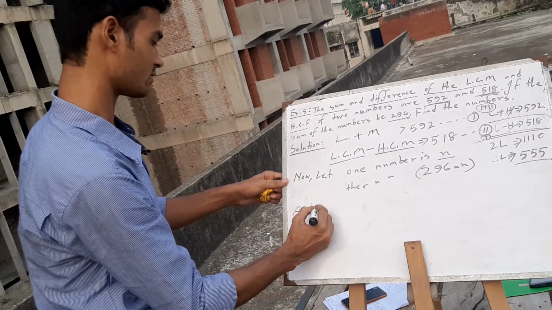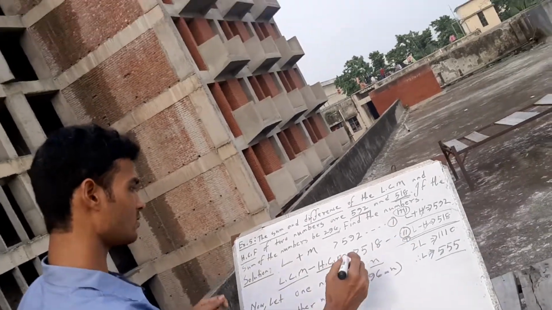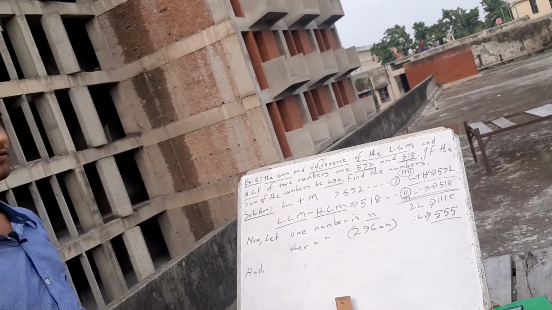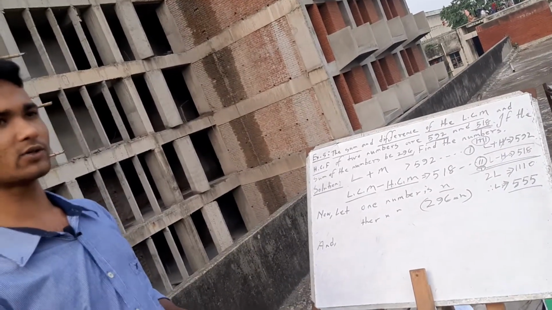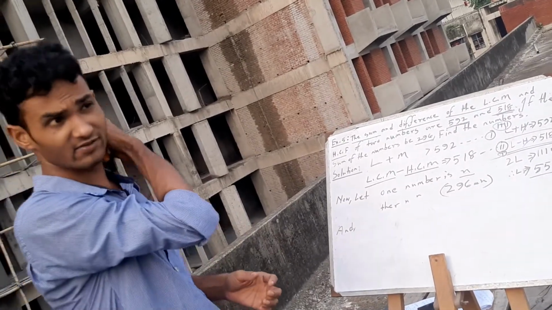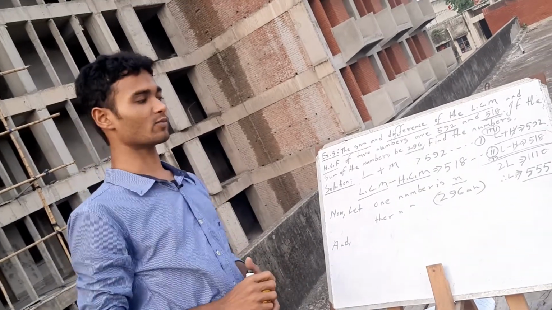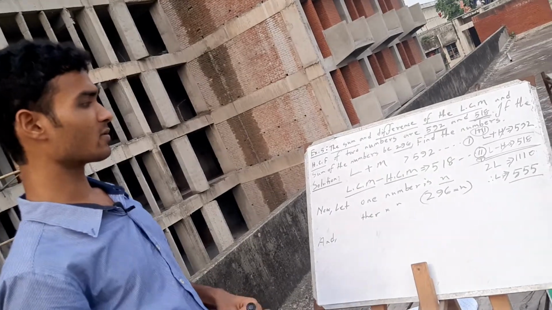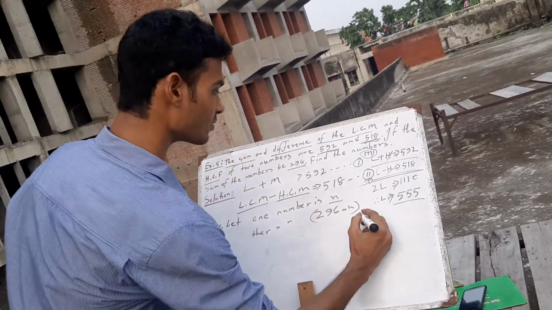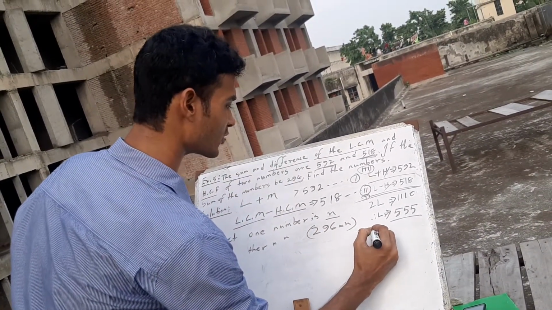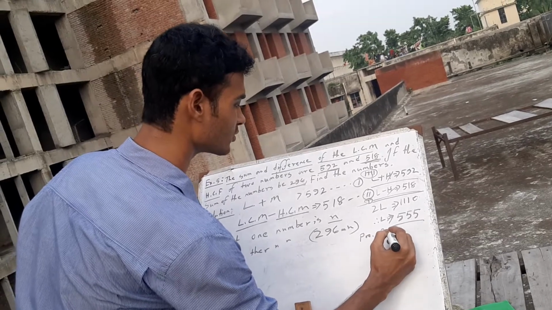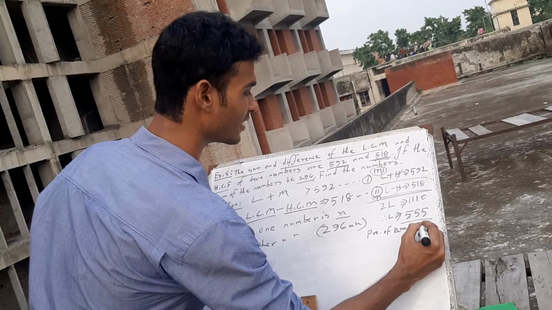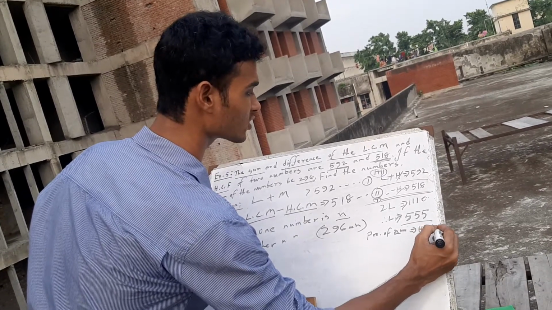And we know our rule: the product of the two numbers is equal to the product of their HCF and LCM, the highest common factor and lowest common multiple. Here is our rule.